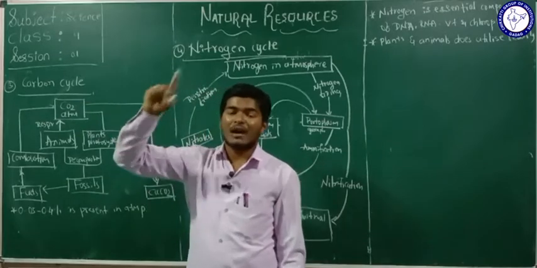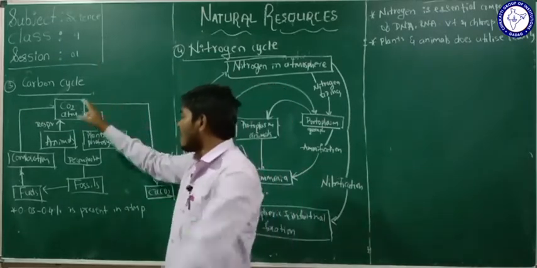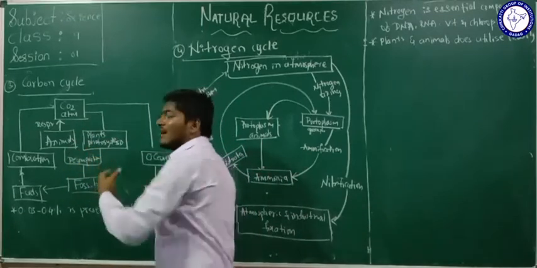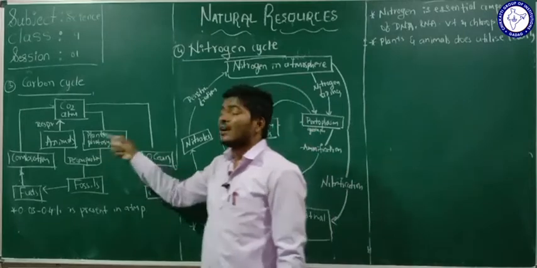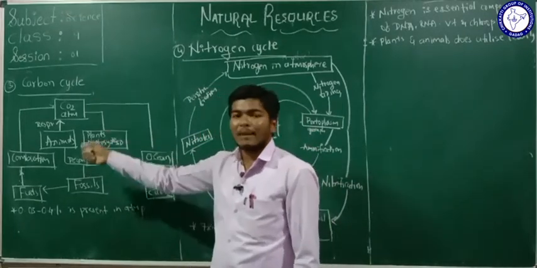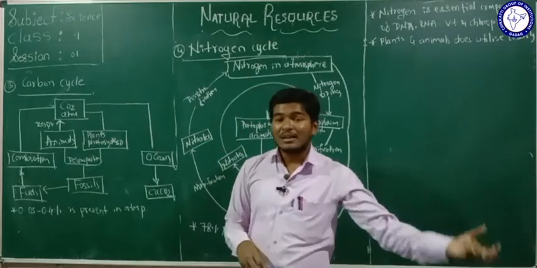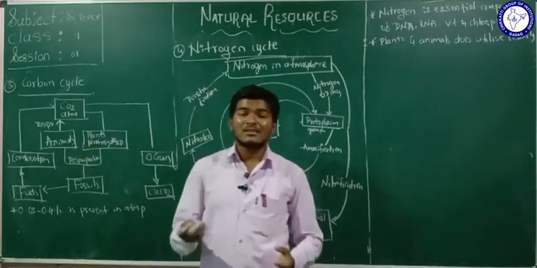So carbon dioxide is again released to the atmosphere. And if the animals that consumed the carbon in the food material die, then what happens? In the decomposition process the carbon dioxide will be released to the soil, and also if the organisms are buried under the soil, what happens?